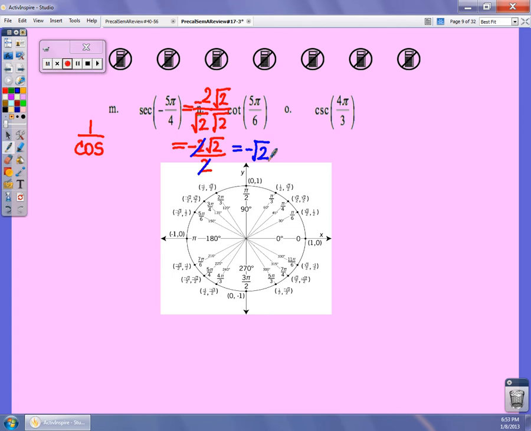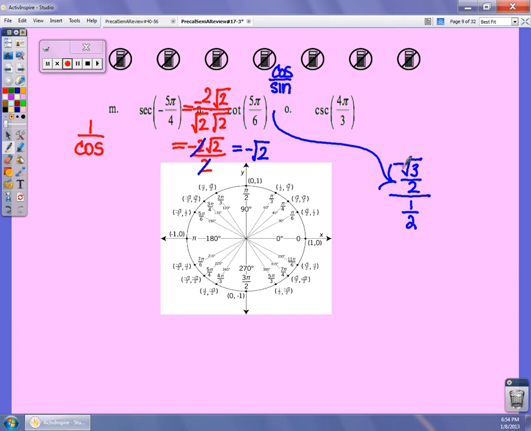For N, we're looking at cotangent. I'm going to pull this answer down over here. Cotangent, remember, is cosine over sine. Now we're going to first go to 5 pi over 6. 5 pi over 6 in the positive direction or counterclockwise allows us to get, we have cosine is negative square root of 3 over 2, and sine is 1/2.